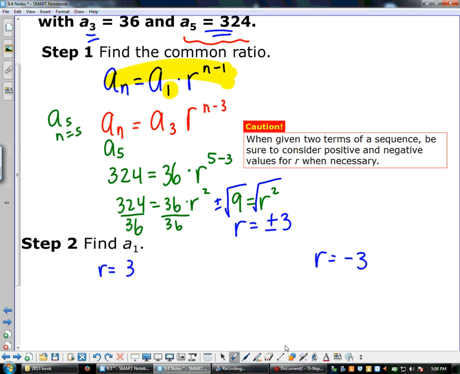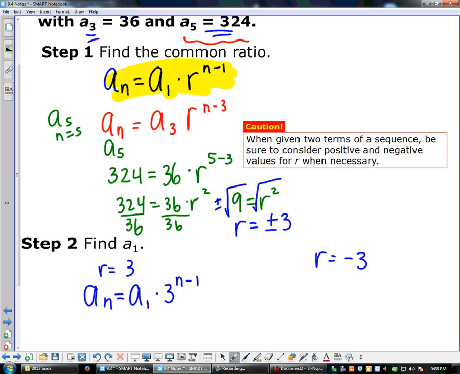I like to highlight things, so this one right here, and we're going to plug in what we know. For a sub n, our third term was equal to 36. I'm going to use that same formula with 3 for my common ratio, because I already found that.